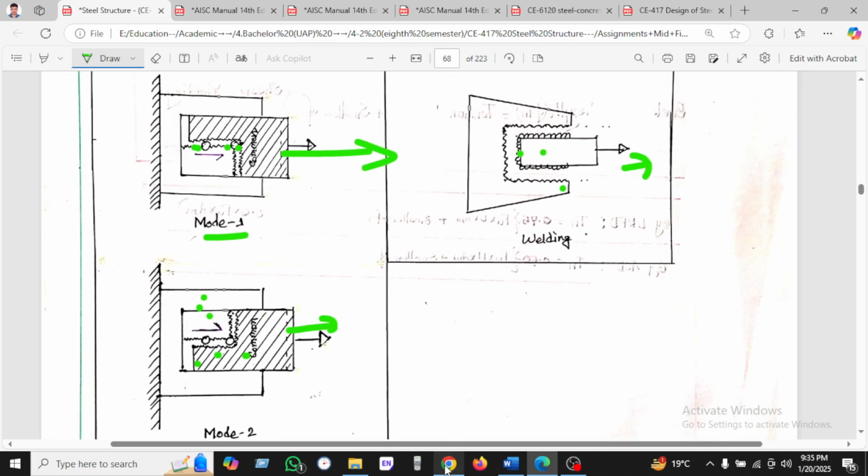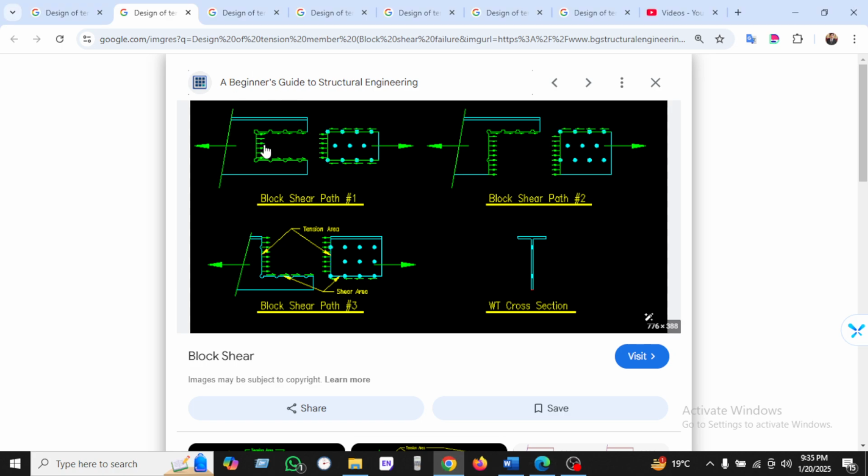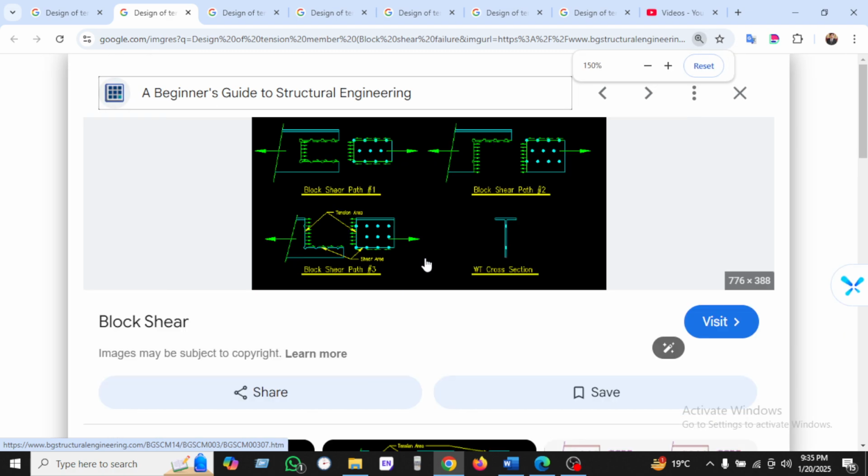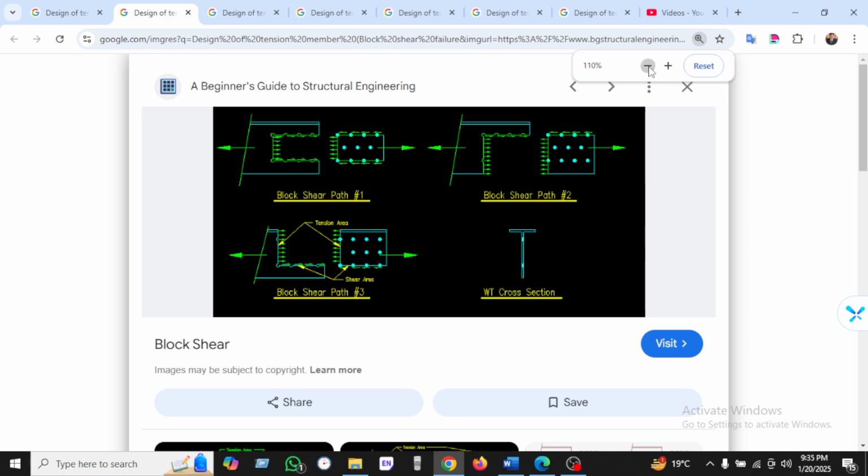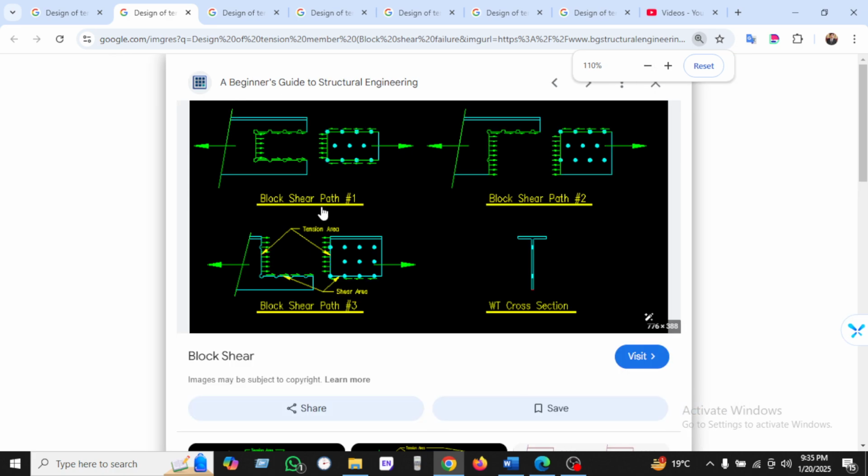If you want to visualize it graphically, you can see here. If I zoom in, you can see block shear path 1, where all the block is coming out.